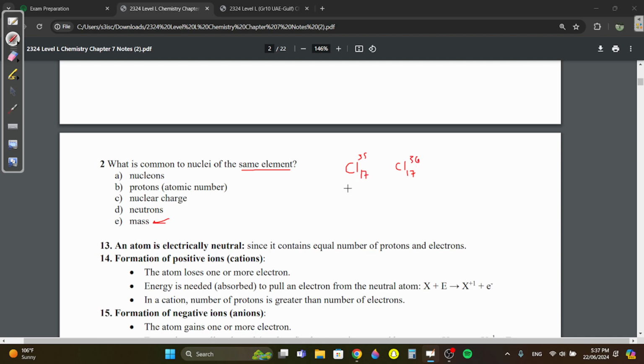In this case it would have 18 neutrons, and in this case, 35, 18, 19 neutrons. So neutrons aren't necessarily the same. The mass isn't necessarily the same, and the nucleons, which again has to do with the neutrons, isn't necessarily the same. So the only thing conserved would be the charge of the nucleus and the number of protons. So the nuclear charge and the protons.